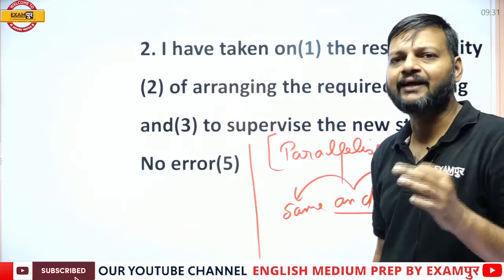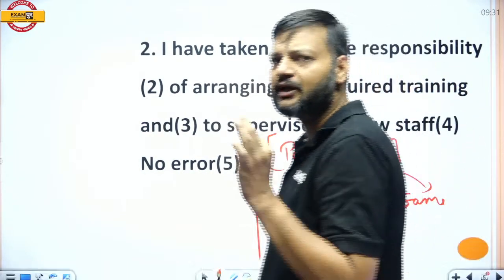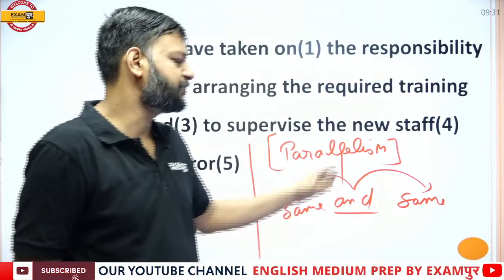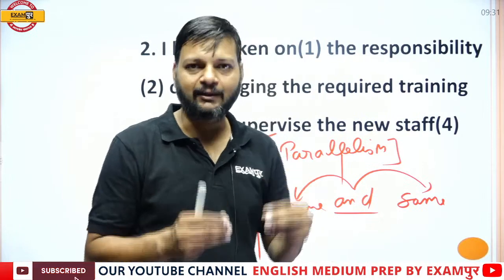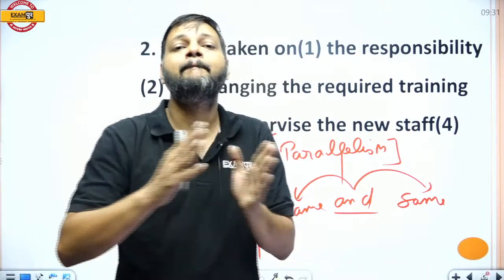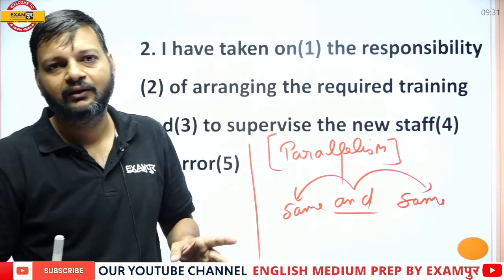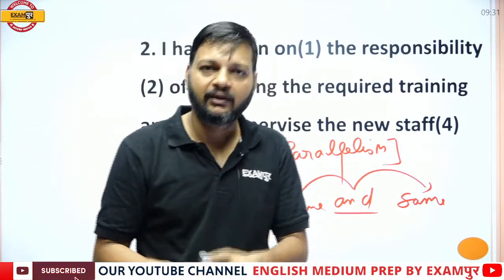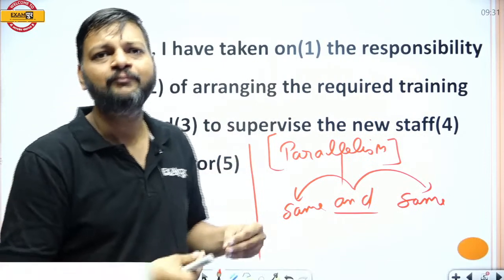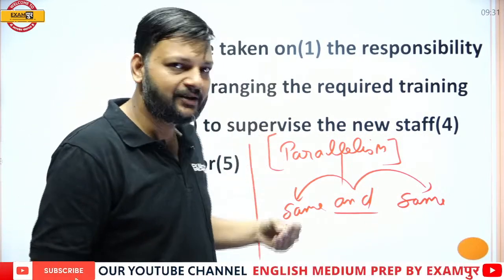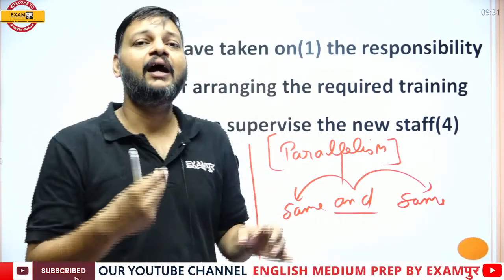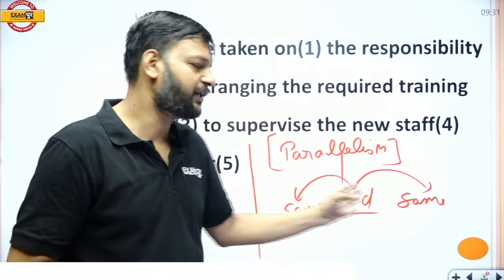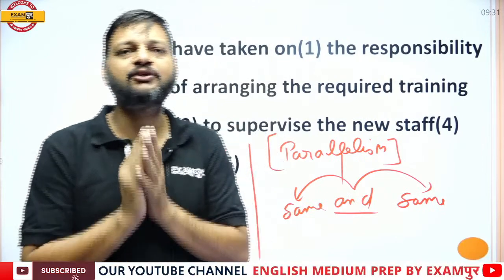Parallelism means that if there is a conjunction in a sentence, the structure before it and the structure after it must be the same. That means the structure must be balanced. Just like in chemistry, we balance the equations, the same thing we have to do here: we have to balance a sentence according to the conjunction. Before conjunction and after conjunction, the structure must be the same.